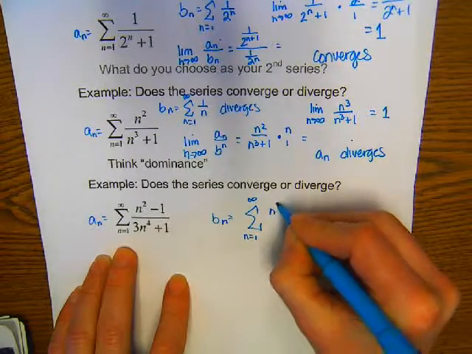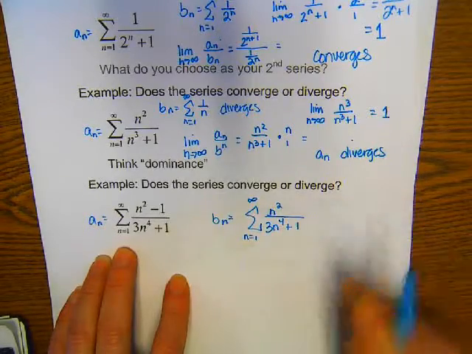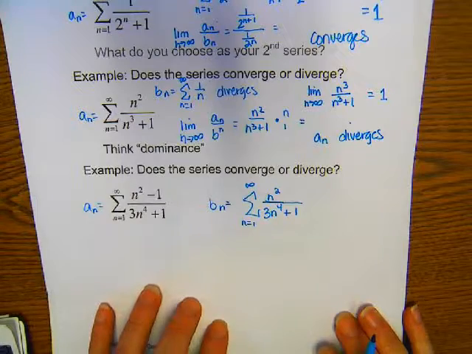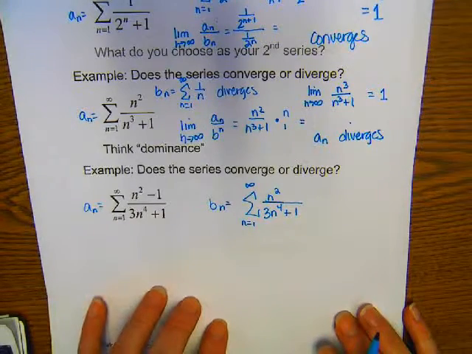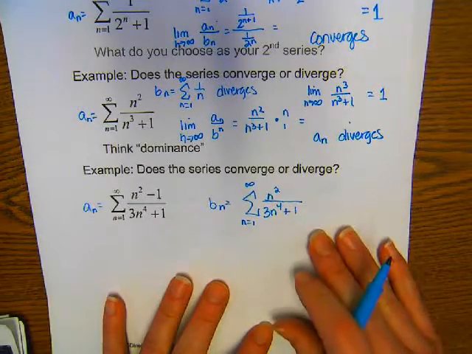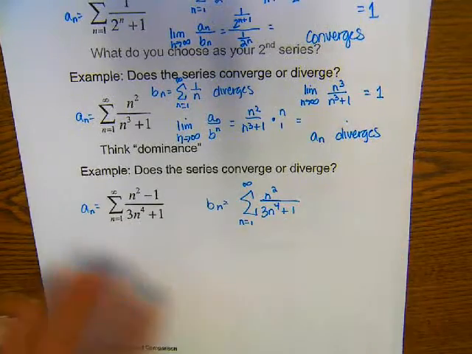I'm just going to do n squared over 3n to the 4th plus 1, which is simpler, and which, again, if you're looking over this, we would know that this does converge.